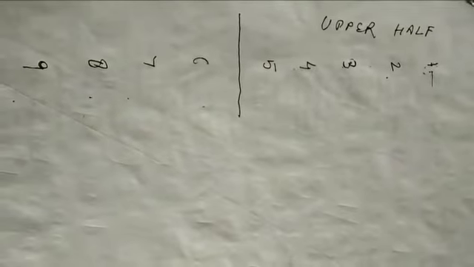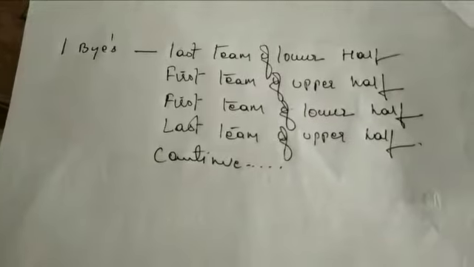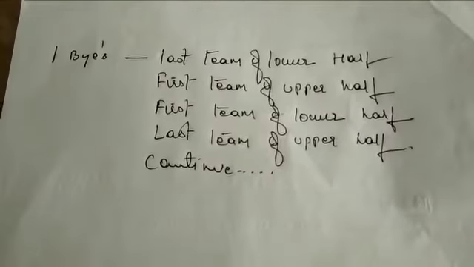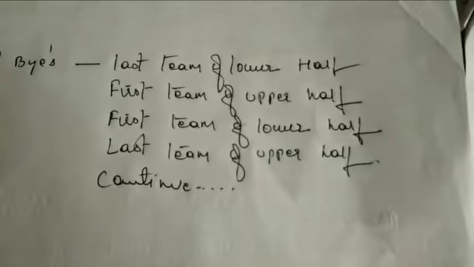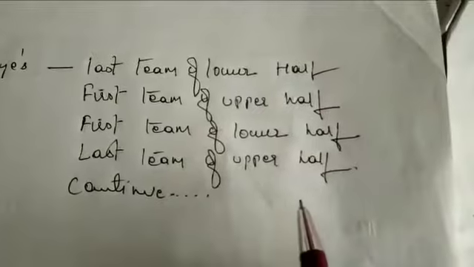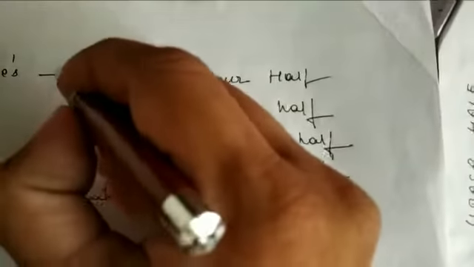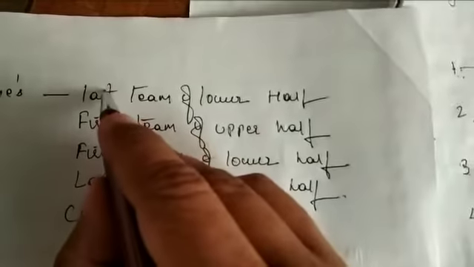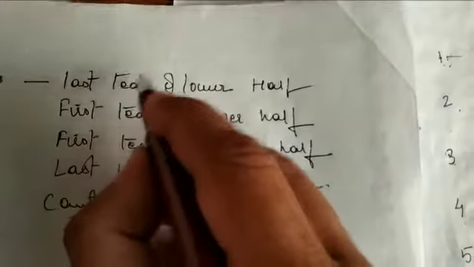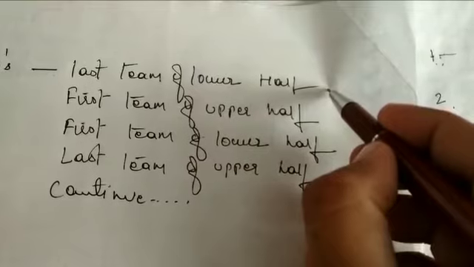Okay, now we see how the byes are allotted. Now how to allot the byes? The first bye goes to the last team of the lower half, means the last team.